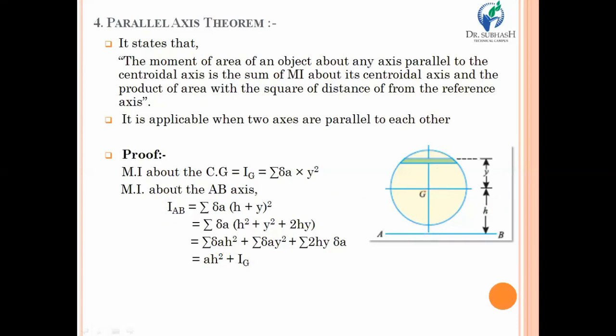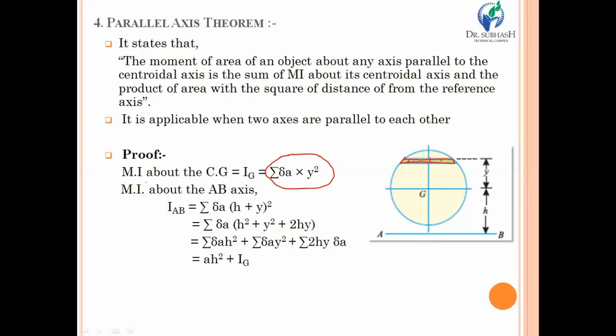Well, first of all, kindly consider a small element, and calculate the moment of inertia of this small elemental area about the centroidal axis. So it will become area into distance square. This is as per the definition of moment of inertia.